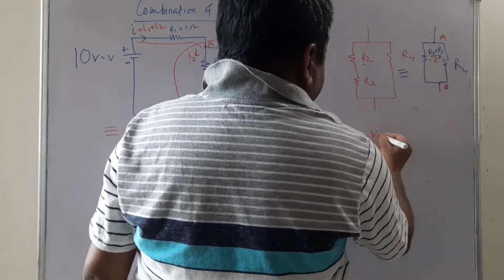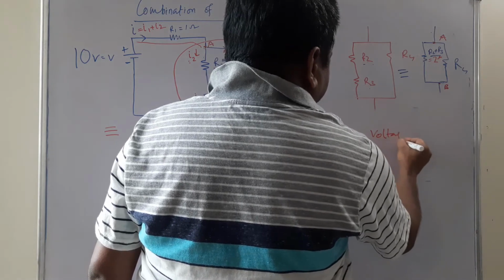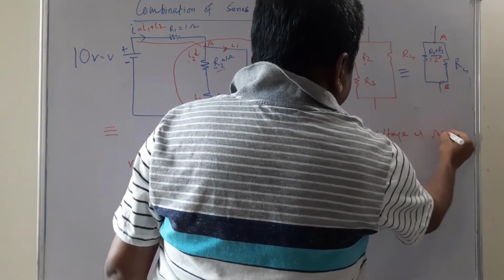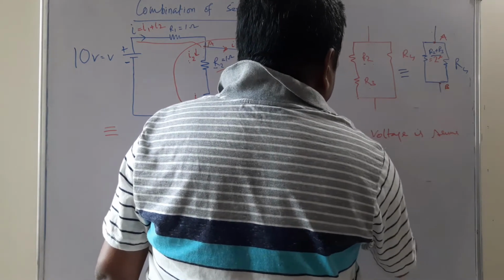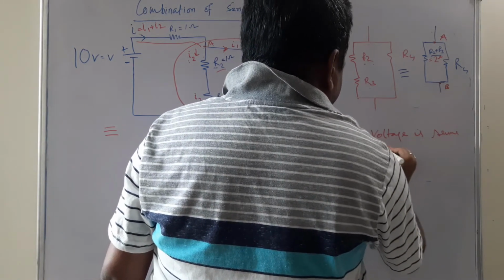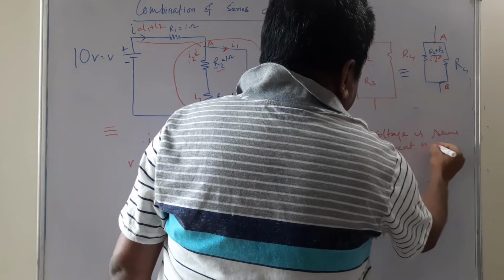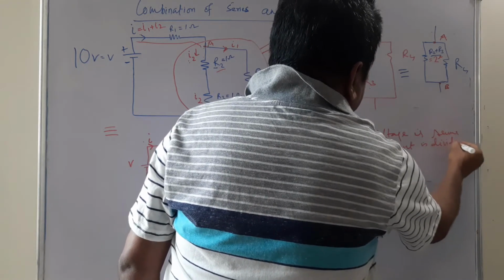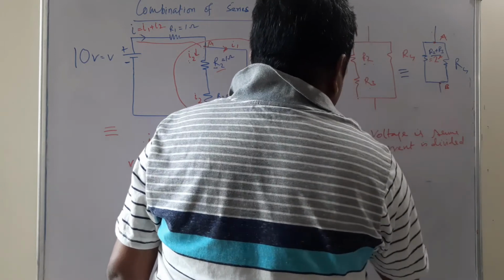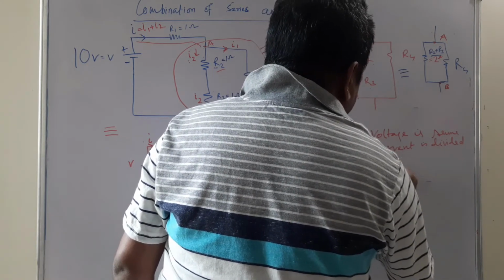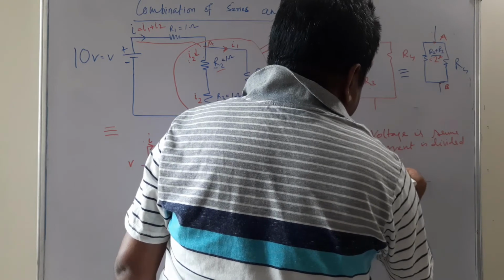If voltage is same and current is divided, this is the property of parallel connections.